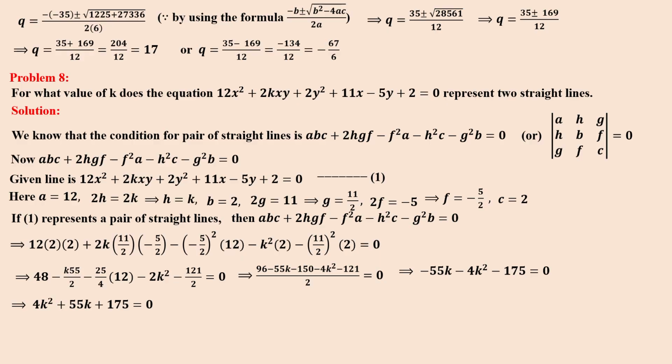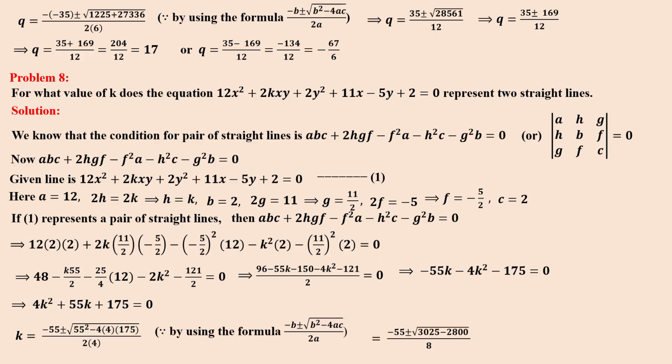Here a is equal to 4, b is equal to 55, and c is equal to 175. So we will get −55 ± root of 55² − 4 into 4 into 175, by 2 into 4, right? So that is equal to −55 ± root 225 by 8.